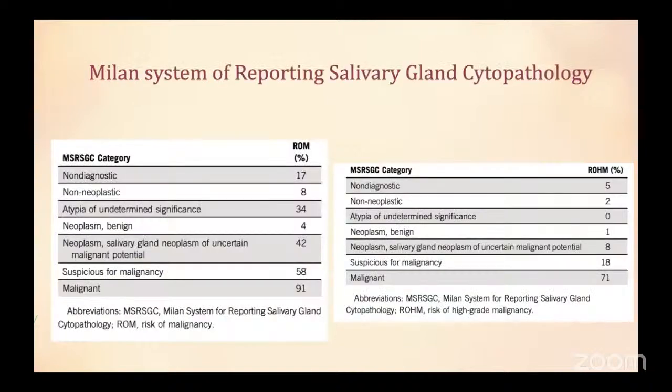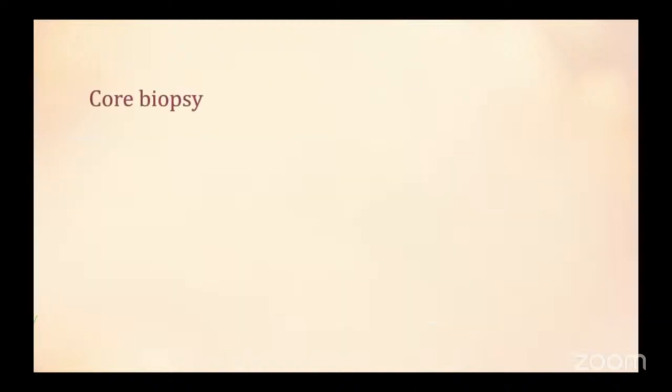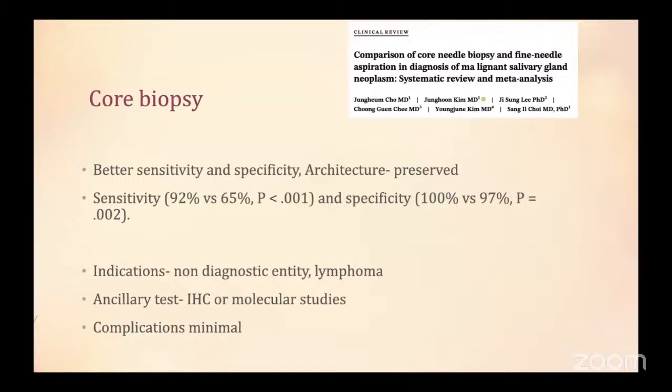And for uniform reporting, we have to follow the Milan system, which categorizes into 6 types, and each category has its own risk of malignancy and even a proposed risk of higher grade malignancy. Core biopsy, definitely the architecture is preserved, so it has better sensitivity as well.